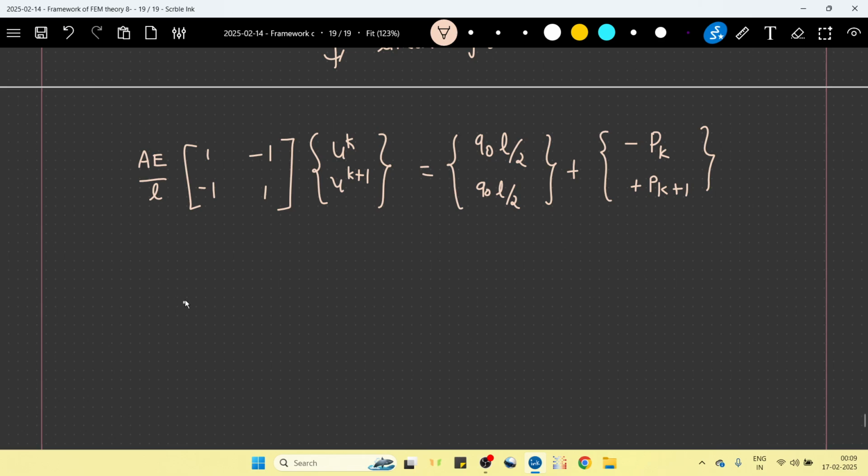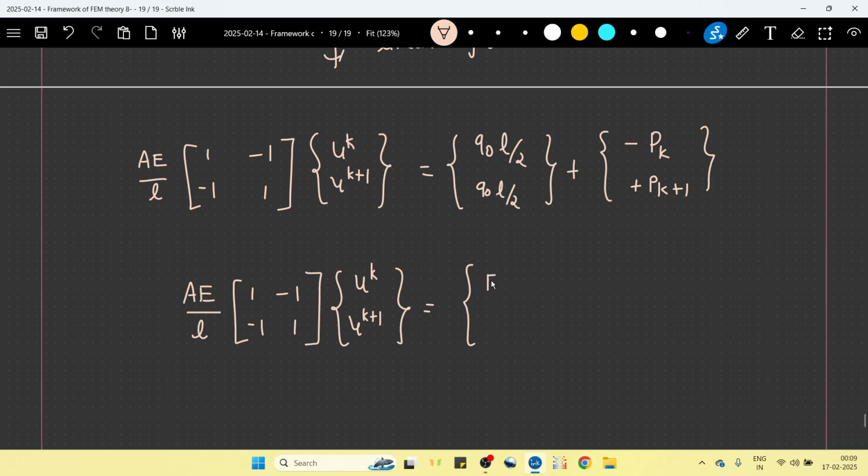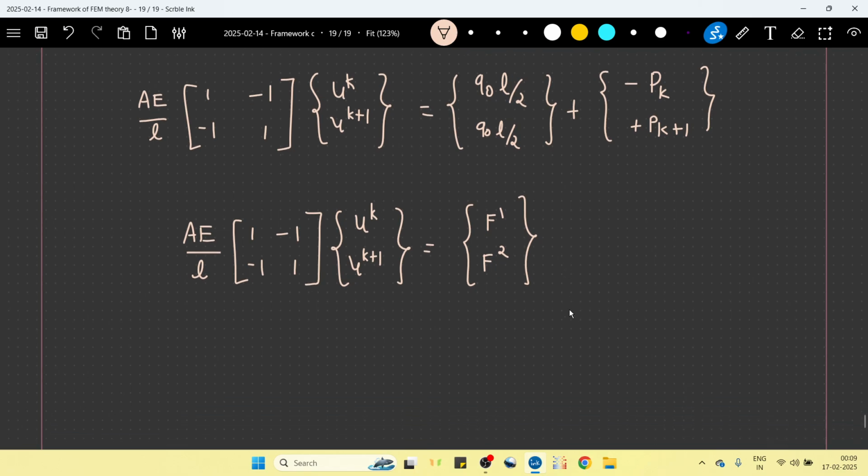So I will write it again as A by L times the matrix 1, minus 1, minus 1, 1, times UK, UK plus 1, is equal to F1 and F2. F1 and F2 are nothing but force vectors.